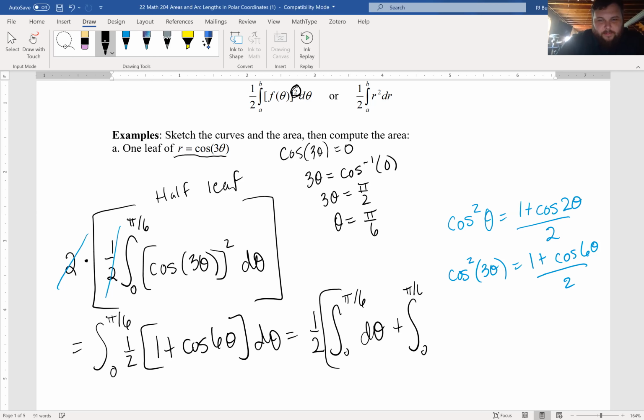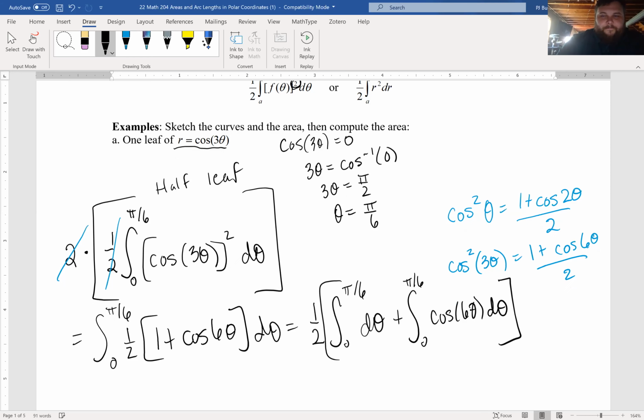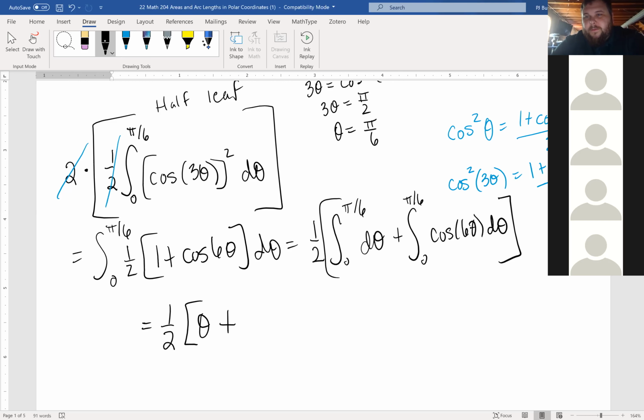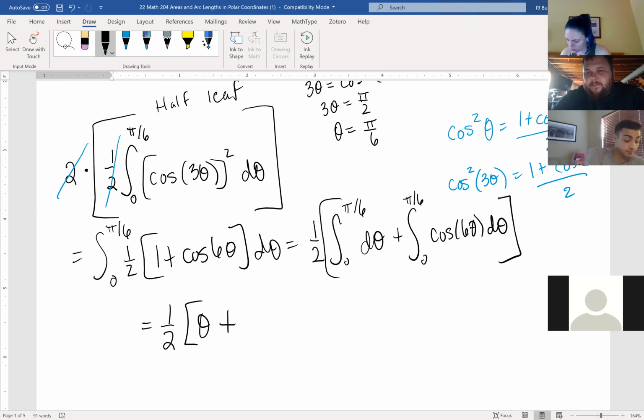Second one is cosine 6 theta d theta. Do you recall how to do that one? I hope so, because that was the first thing we did in the class. And it was a review even then.